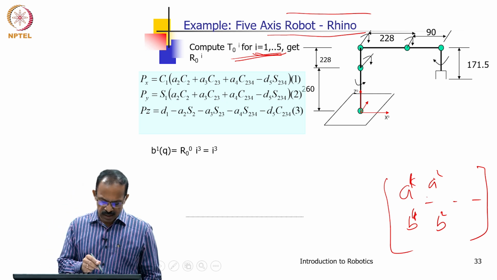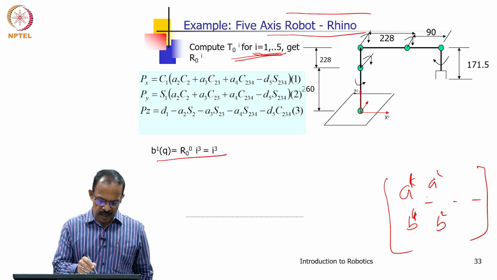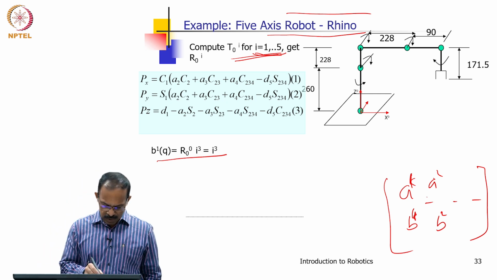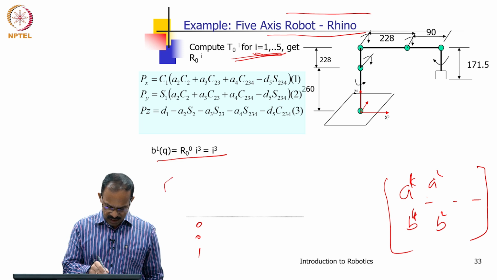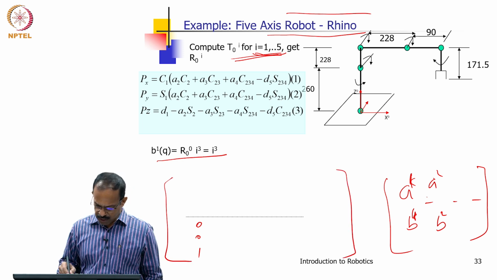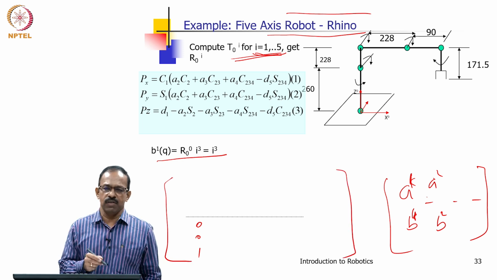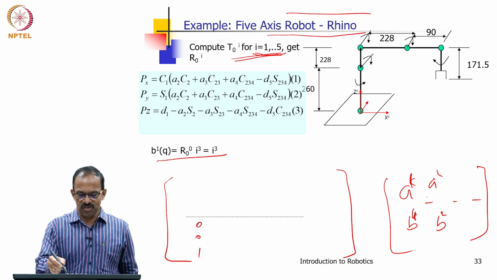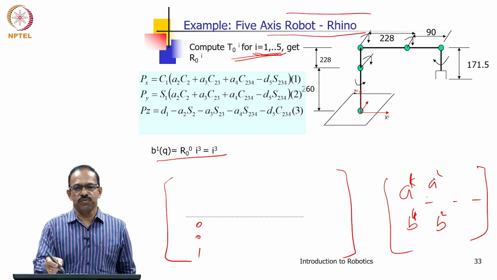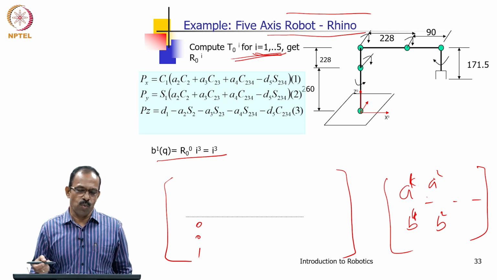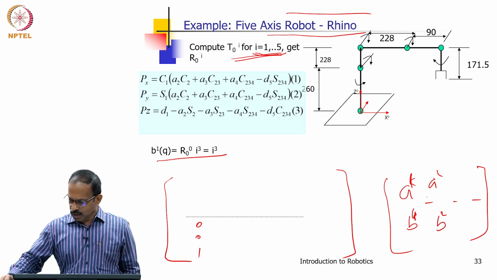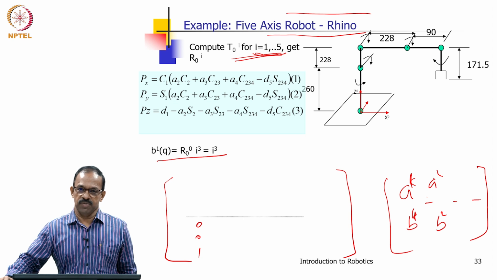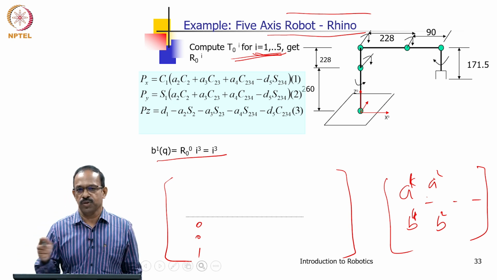So B1 will be R00 I3, so it will always be 0 0 1. B1 will always be I3, because the first joint axis Z0 is aligned with the base frame Z axis, so you will be getting it as 0 0 1.